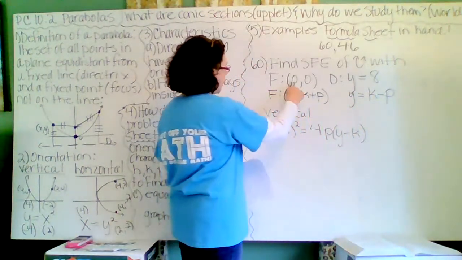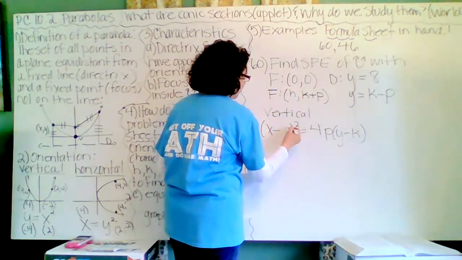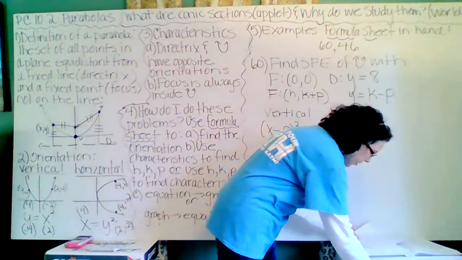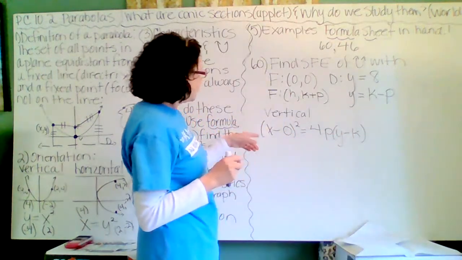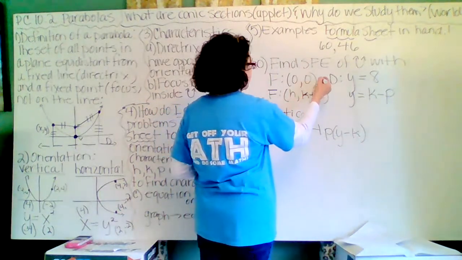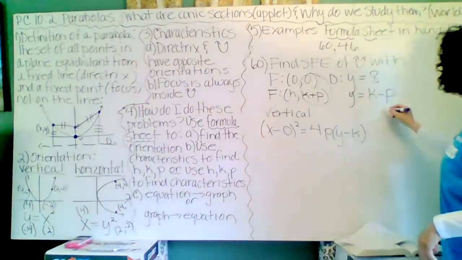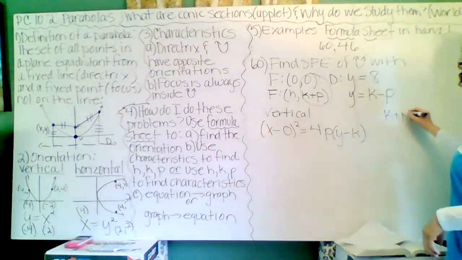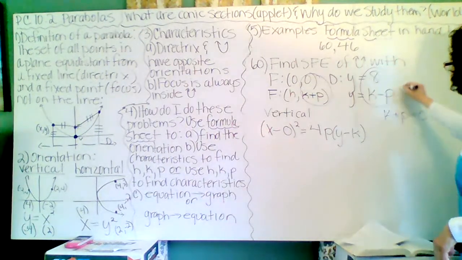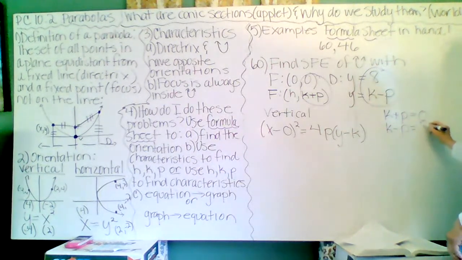First of all, I can see that h is 0, so I will put that there. Now, to figure out p and k, I have 2 pieces of information right here. k plus p equals 0, and k minus p equals 8.